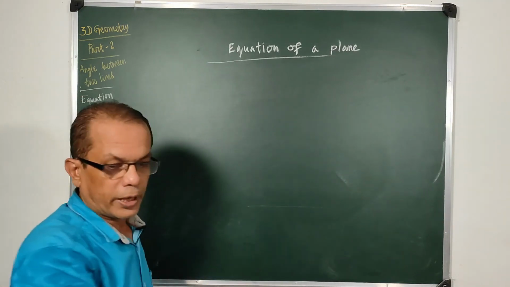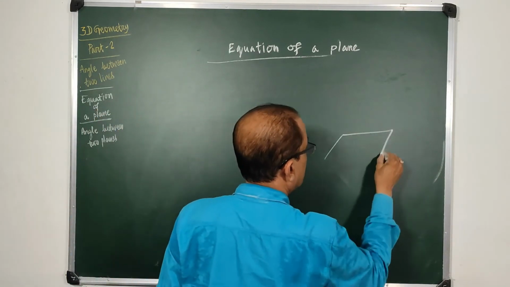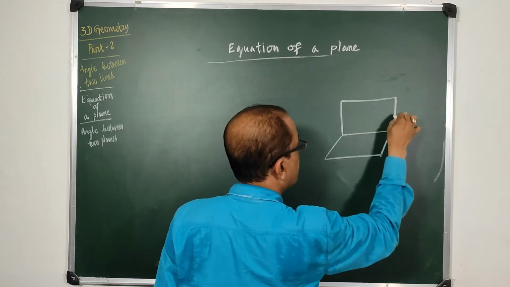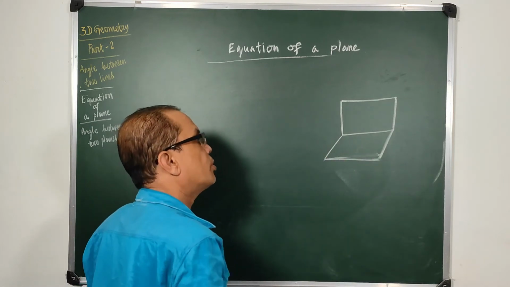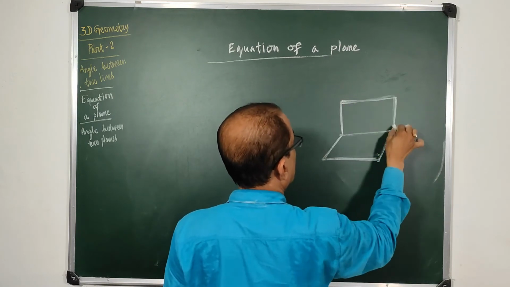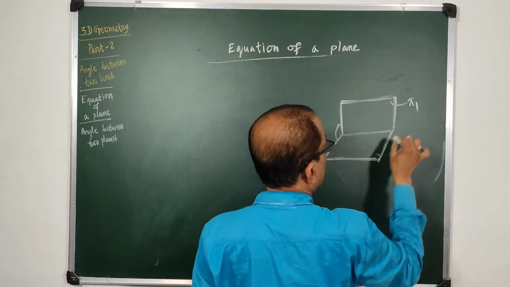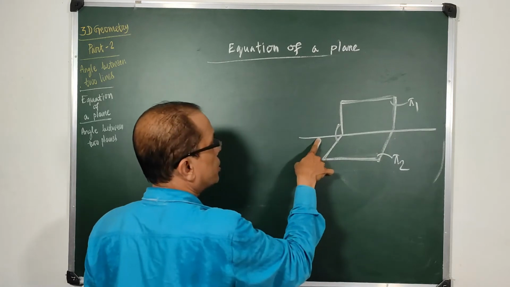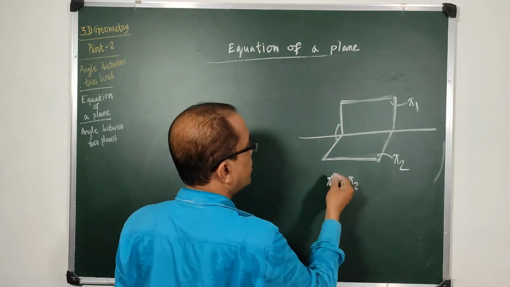Next, how to find the angle between two planes? You have seen laptops. When you open the laptop, you see a picture like this. When you look at a laptop, the keyboard section and the monitor section have an angle. If this is a plane pi 1 and this is another plane pi 2, then what is this? This is the intersection of the two planes, pi 1 and pi 2 intersect here.